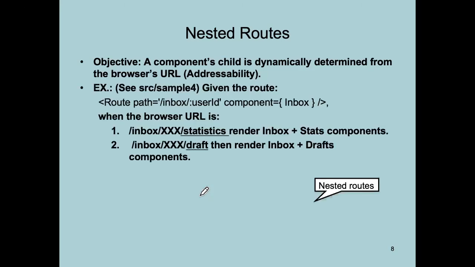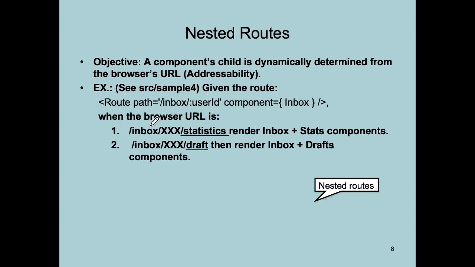Now, to illustrate this, I'm going to stick with our little email client, our glorified email client. And let's suppose we want some nested routes linked to the inbox part of my application. What we know so far is if the URL in the browser is of this form here, then I want my inbox component to be mounted onto the DOM.